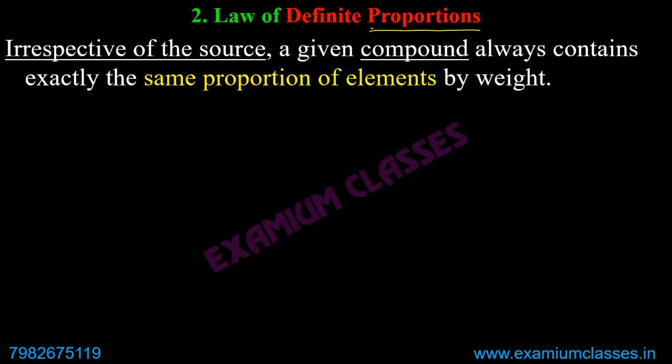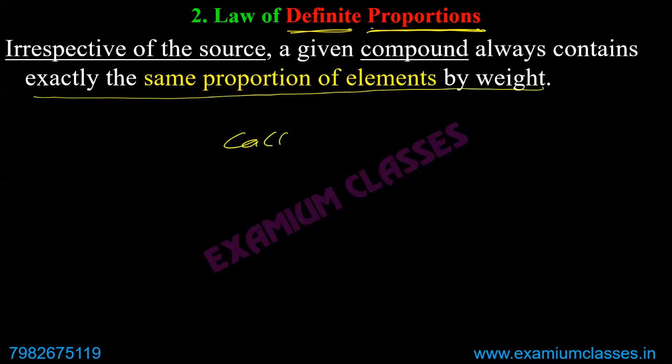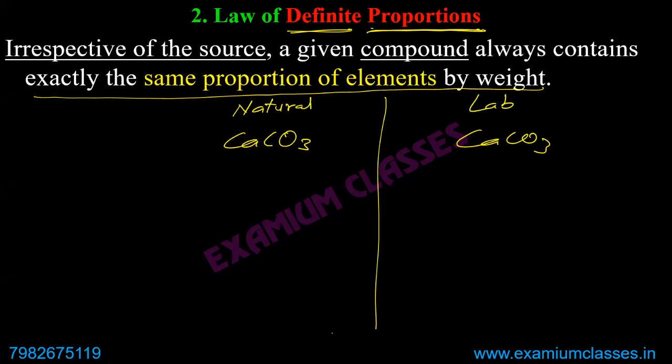Definite proportion means that proportion percentage is constant, definite. So irrespective of source, a given compound always contains exactly the same proportion of element by weight. Means if I say calcium carbonate, whether I get it from natural sources or I prepare it in the laboratory, in both cases it will have exactly same.